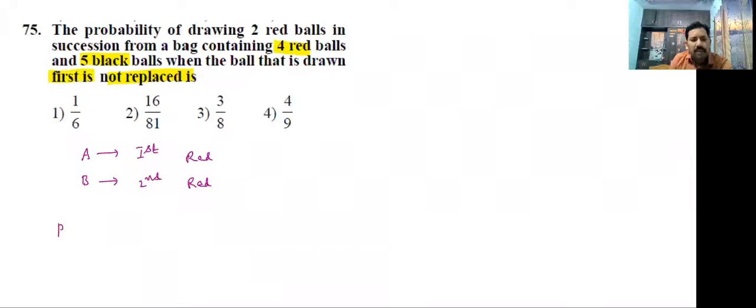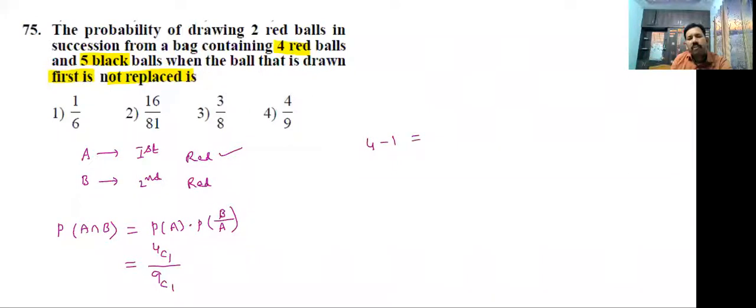Now P of A intersection B. How to write it, students? P of A into P of B by A, by using the multiplication theorem. P of A is the event of selecting a red ball. Total how many balls, students? There are 9 balls. Select one, and out of those, select a red ball. So one red is taken out of 4 red. Remove that, remaining only 3 red.